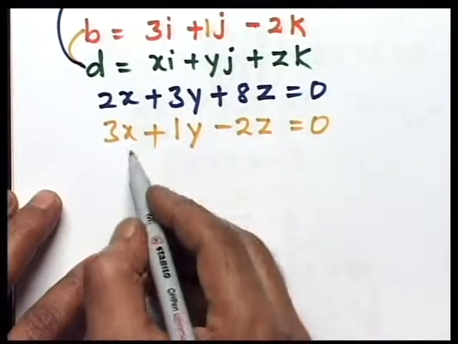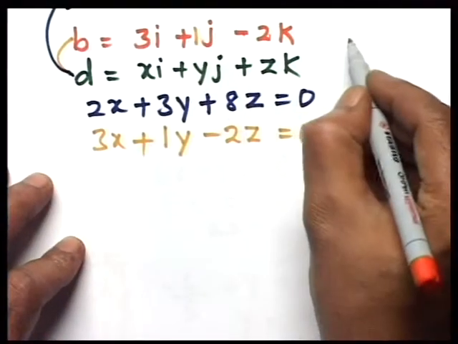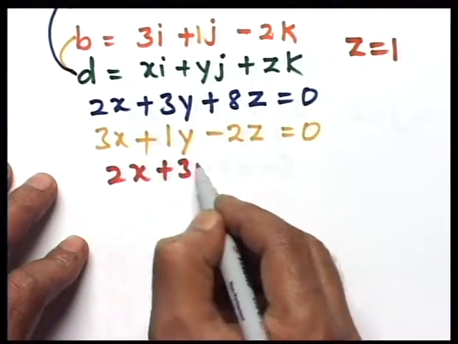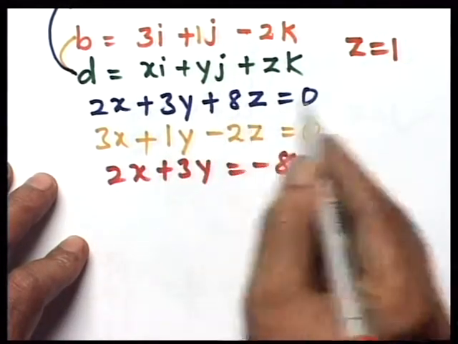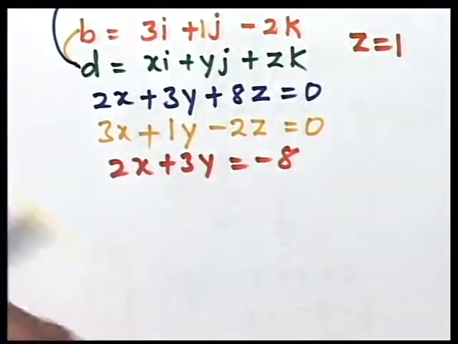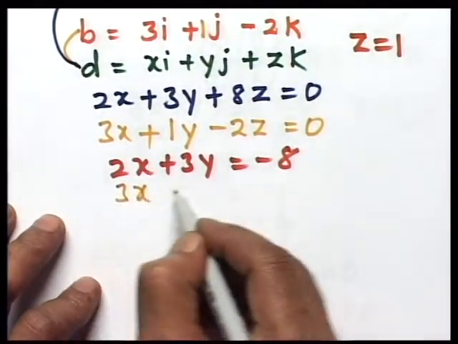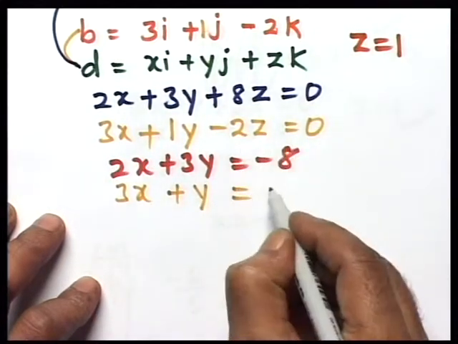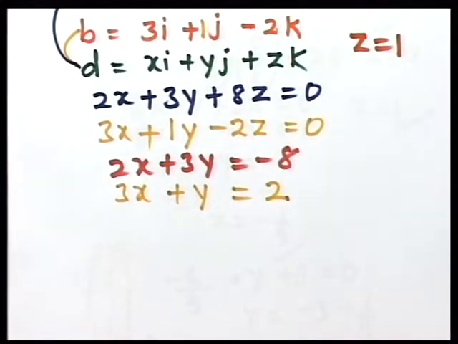We have simultaneous equations there. So I'm taking z as 1, please. So we have 2x plus 3y is equal to minus 8. Take that to the right hand side. And the second one becomes now 3x plus y is equal to minus 2 becomes a plus 2 there. And now you know how to solve these simultaneous equations, isn't it?